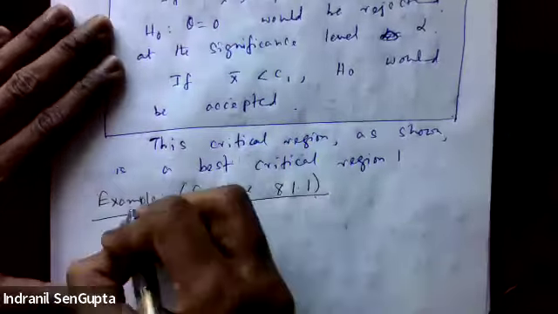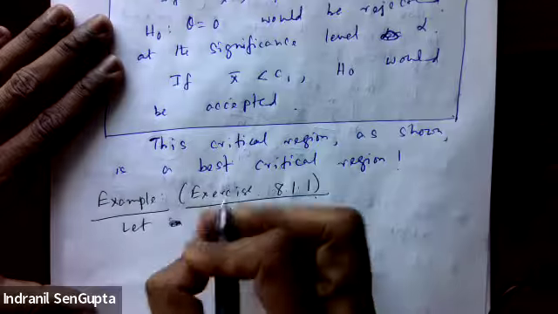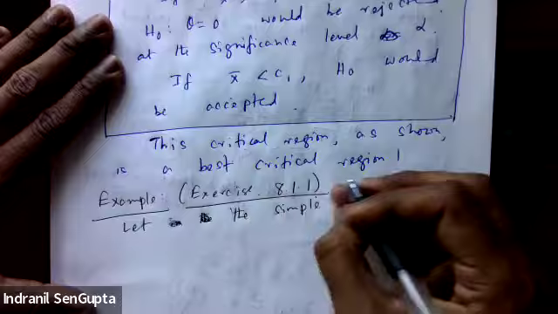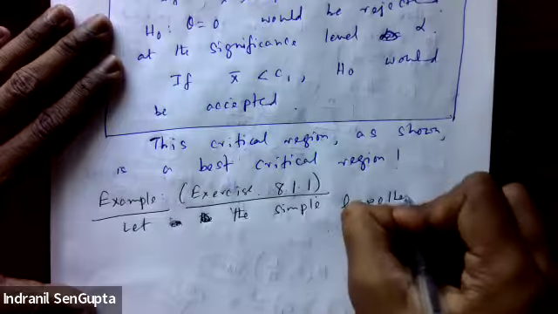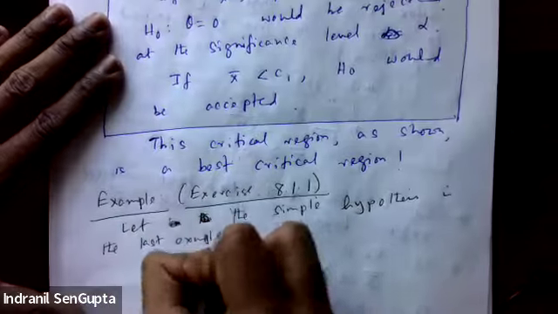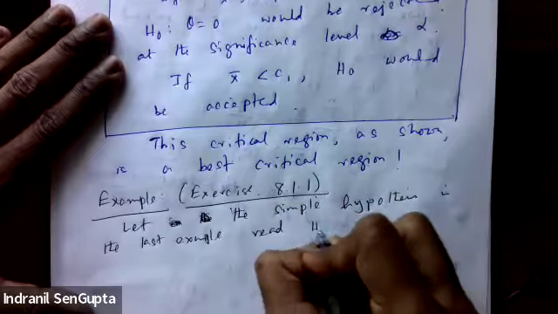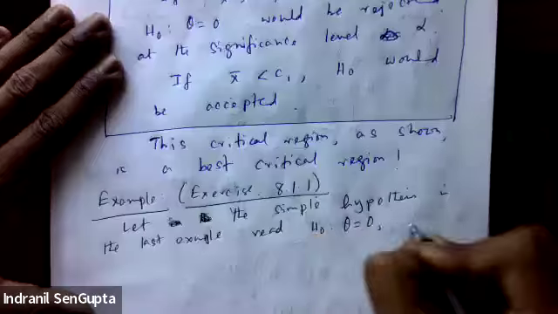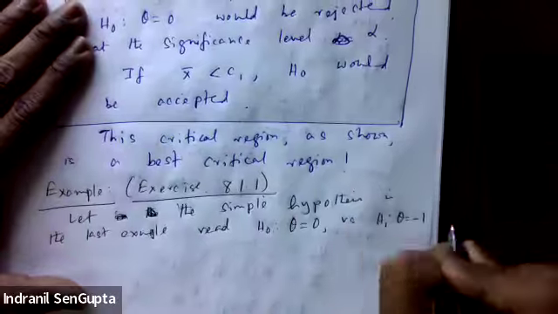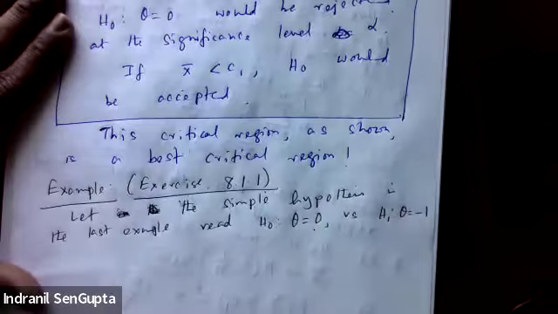Let the simple hypothesis in the last example read H0: theta equals 0 and H1: theta equals -1. Last time it was 0 versus, I believe, 1, but now it's 0 versus -1.